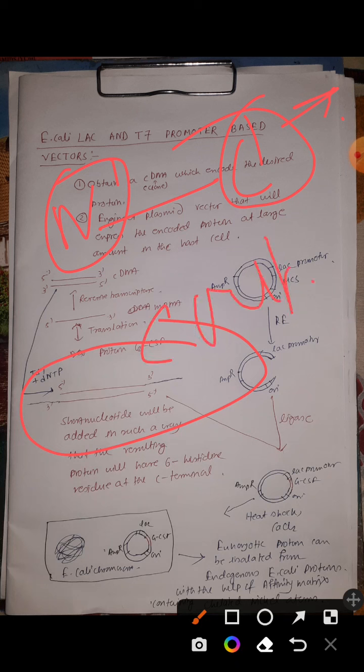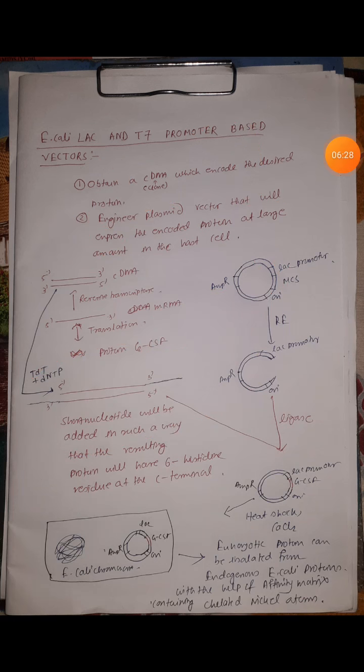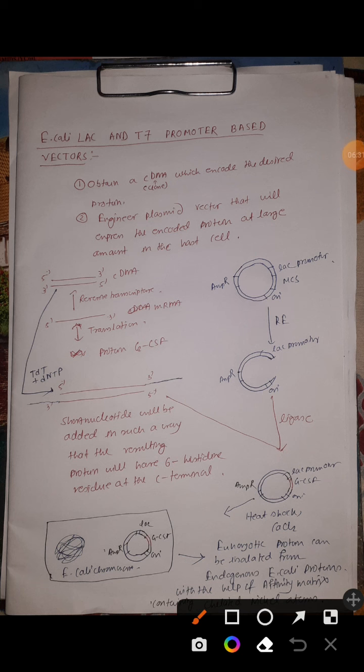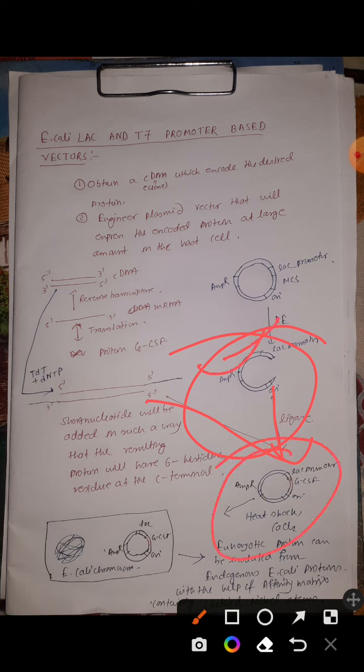In that part we should have 6 histidine residues. Why we need this, we are going to discuss. Then we will use ligase to attach our gene of interest to the vector, leading to the production of recombinant DNA. Recombinant DNA simply means the vector along with our gene of interest. Then we will use heat shock and CaCl2, that is the transformation procedure, and we will have our transformed colonies.